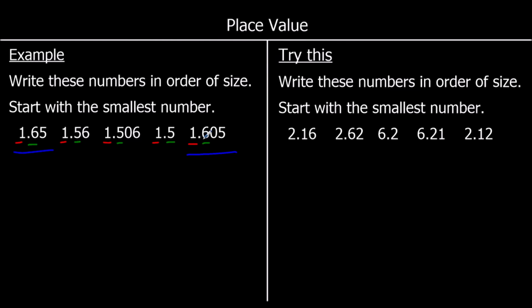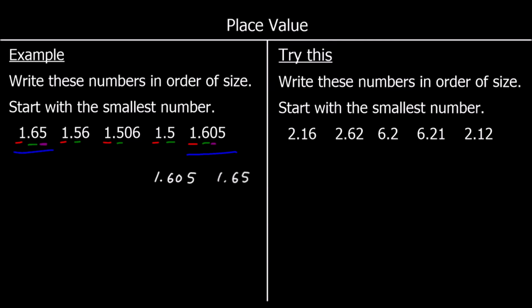So if we look at the hundredths column, we've got one for 5 and one for 0. So the one with the 5 in the hundredths is bigger than 0 in the hundredths. So the biggest number is 1.65, followed by 1.605.